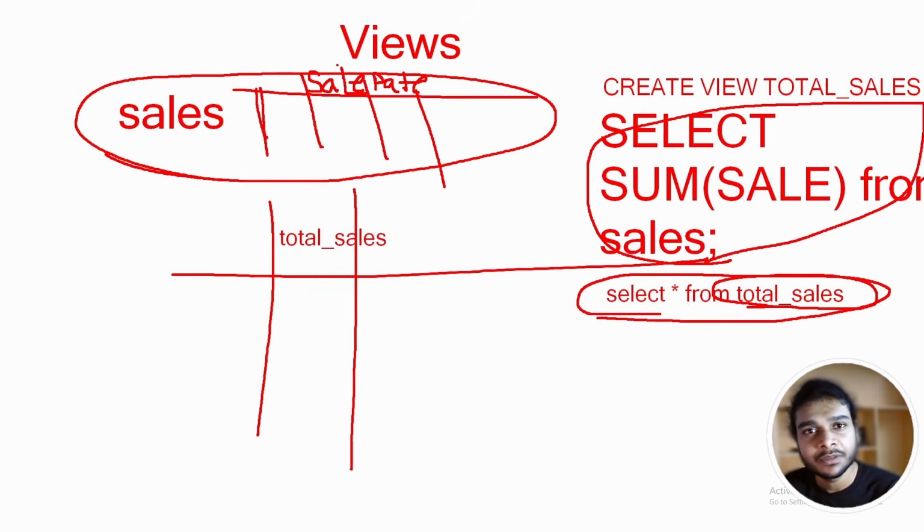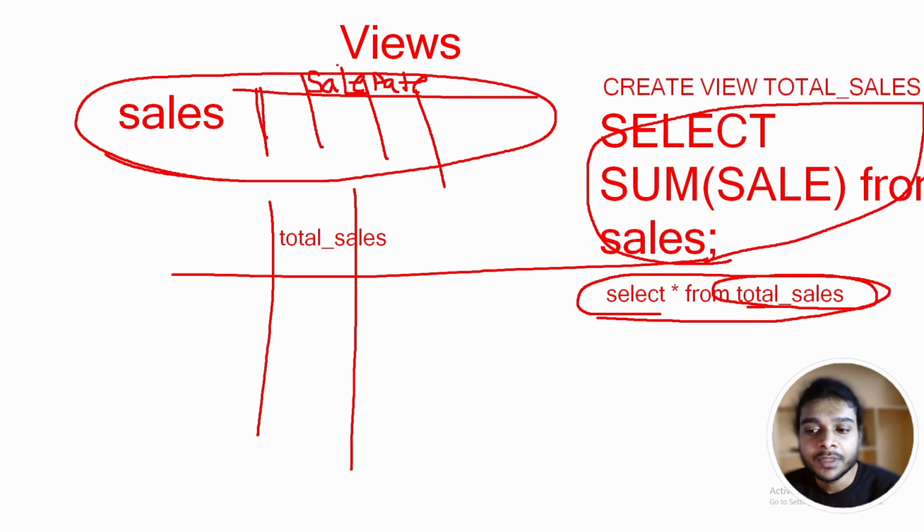There is a limitation with the view, because every time we query a view, it goes back to the source table. It takes a long time. It takes more time to retrieve data from a view compared to a table. A table is much faster.